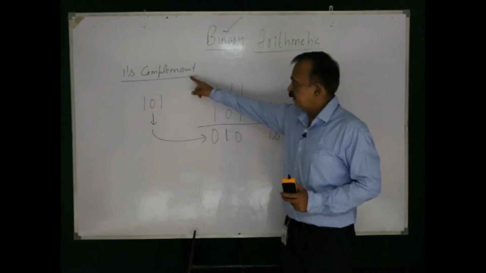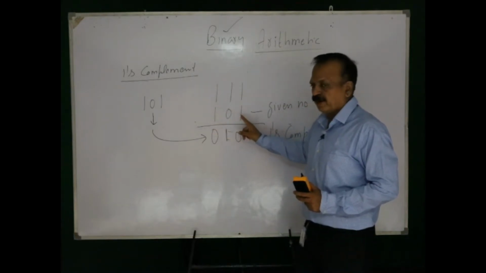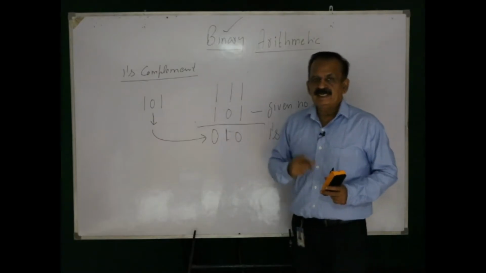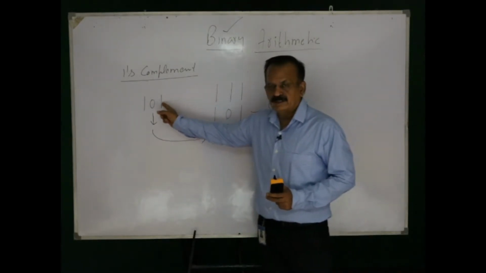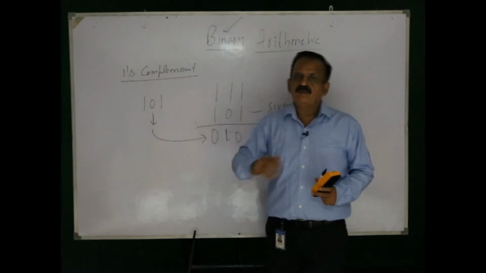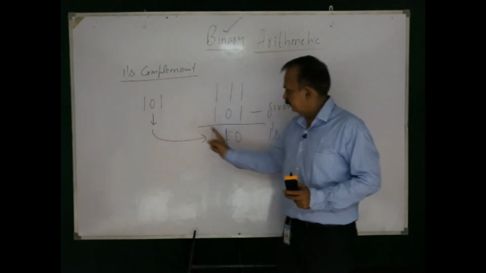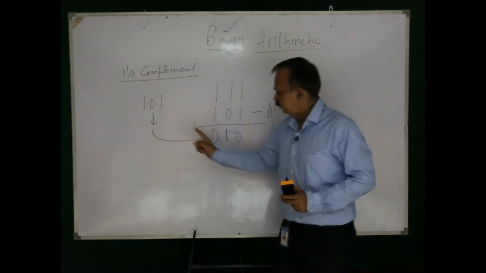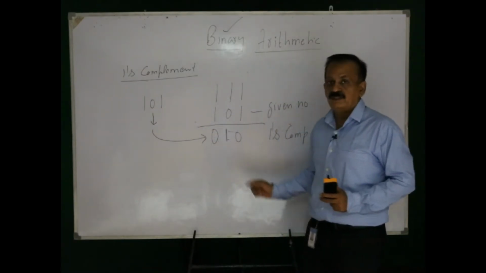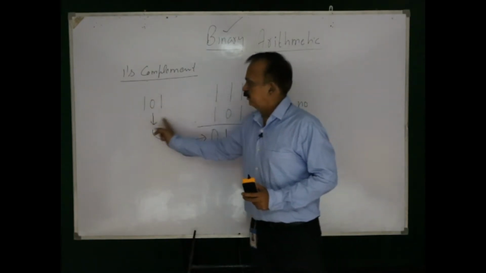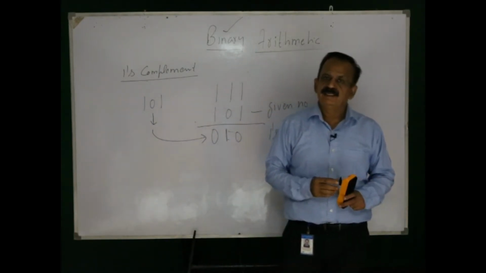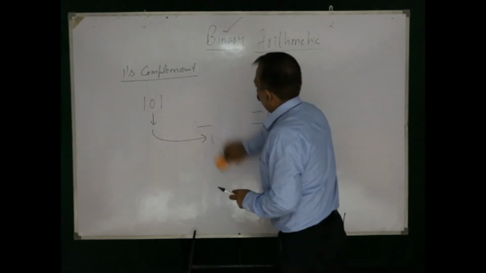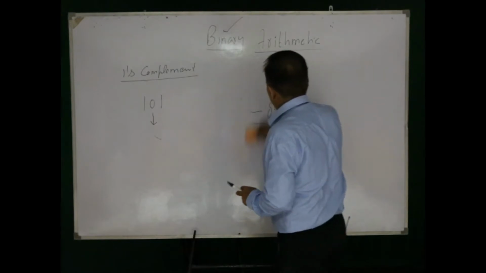The one is to subtract each bit of the binary number from 1, and you will get the ones complement. And the second way is to convert every 0 to 1 and 1 to 0. Like this one is converted to 1, and this one is converted to 0, and this number is going to be the ones complement of this particular given number. So now we understand how the ones complement of the number is obtained.